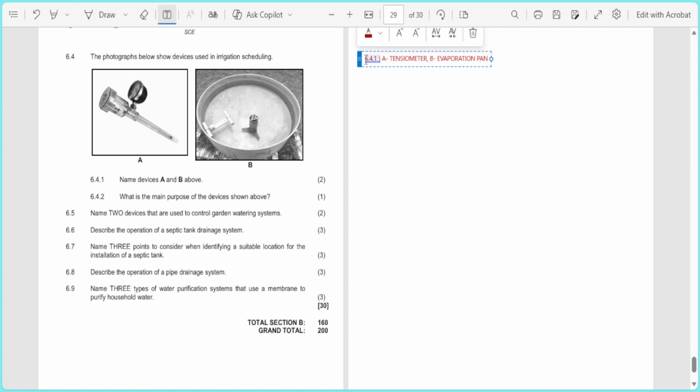So the tensiometer measures soil moisture tension, like how hard plant roots must work to extract water. It's sort of like a thirst meter for your soil. The evaporation pen measures how much water evaporates from an open surface.